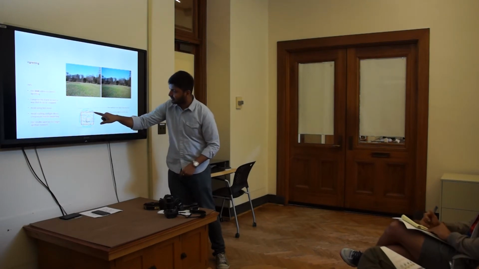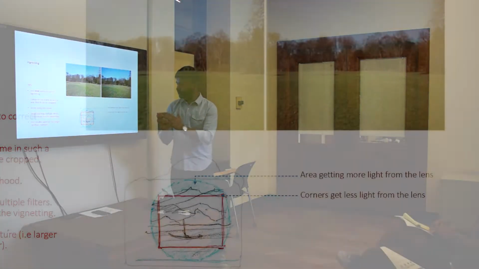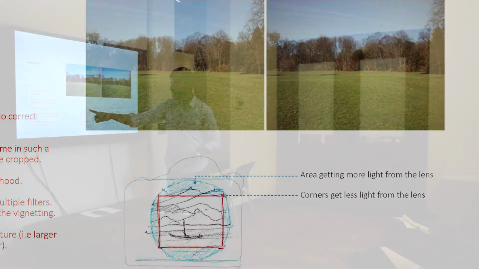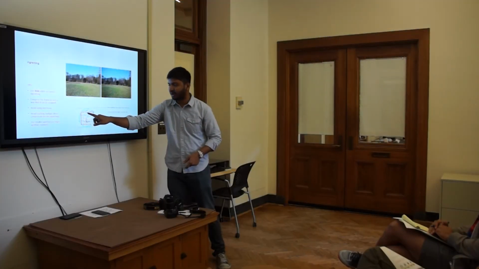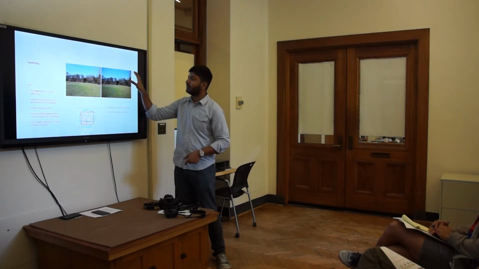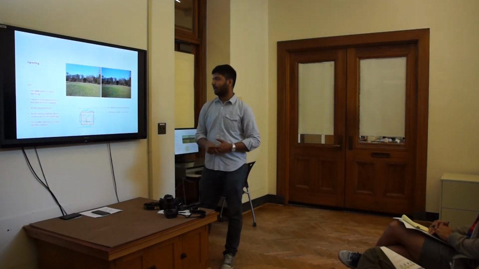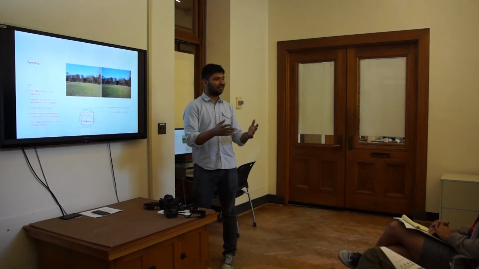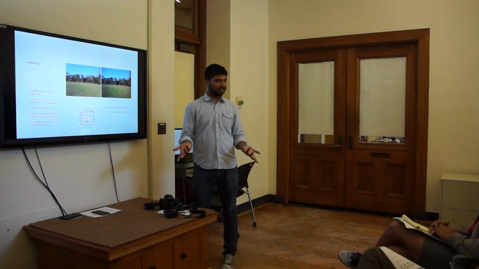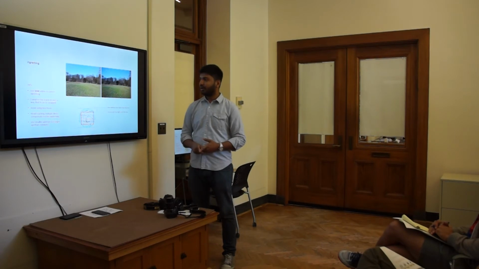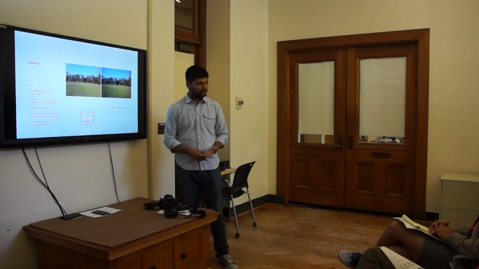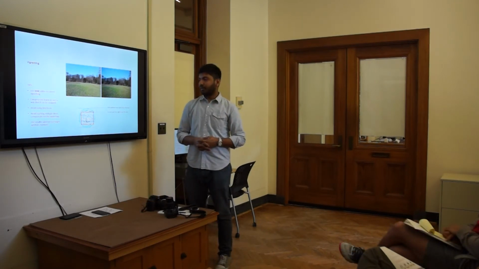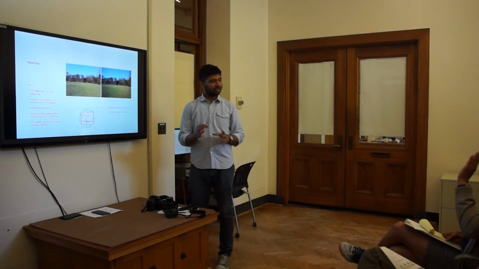So as you can see, these corners are almost touching the periphery of the circle, so they won't get the same amount of light that this part is getting. So it's going to be darker. The best way to avoid this is to compose your frame in such a way that you can crop it later. That's a very straightforward way of avoiding it. Also, you can use RAW format and correct it. And sometimes using a smaller aperture will help.